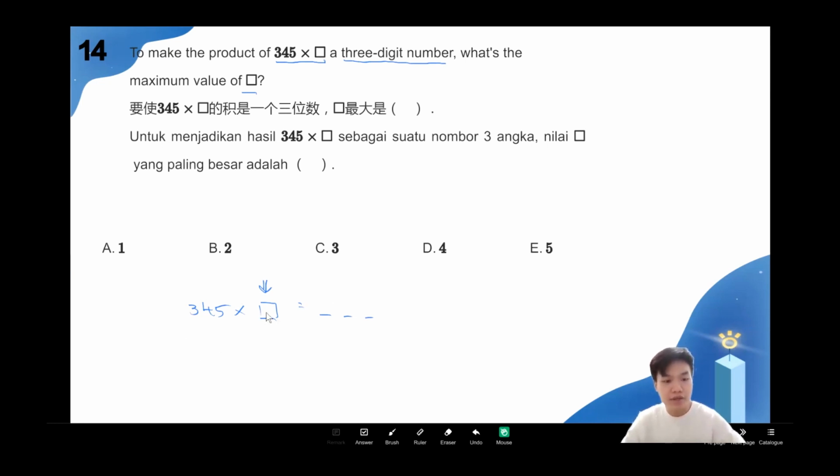First, we can try. If it times 1, it becomes 345. Times 2, we will get 690. If we times 3, we will actually get 1035. And it is a 4-digit number. Therefore, the square can be a maximum of 2 only.